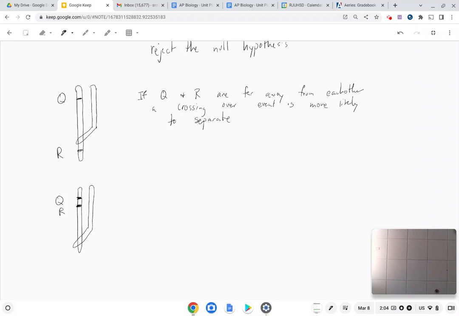And so hopefully you can tell that that's much less likely than the above scenario. So we're going to say if Q and R are very close together, a crossing over event is not likely to split them.